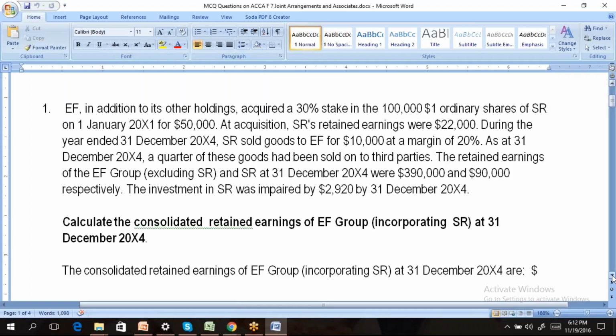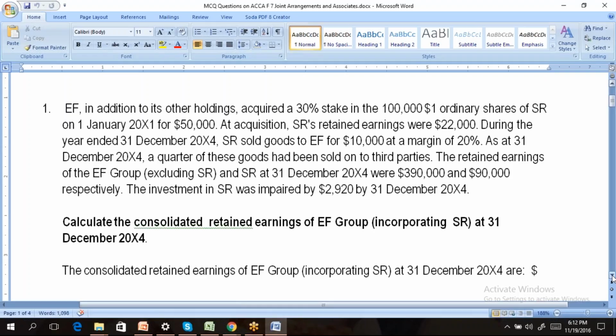So EF is the parent company. They have many other holdings, right? Because they have subsidiaries, they must prepare consolidated statements. Now I want you to understand, if you have a 30% holding in SR, you don't need to prepare consolidated accounts. Why? Because you are not a parent if you don't have subsidiaries.